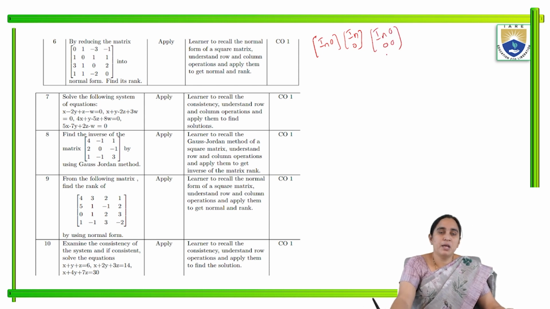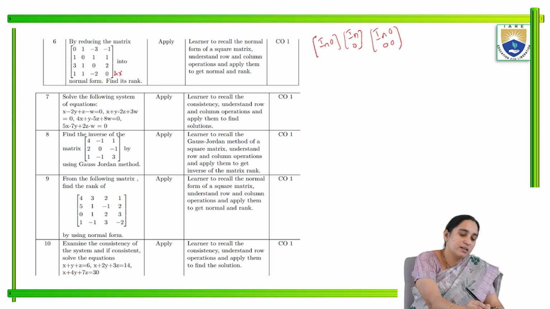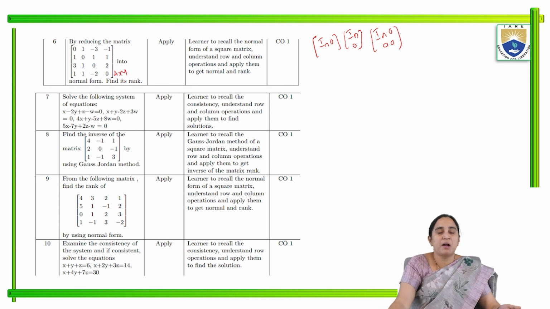Here we have to apply row and column operations to get the identity matrix. Observe the given matrix: rows are 4 and columns are 4, therefore it is a square matrix. We reduce it to identity using row and column operations. That is the sixth question.